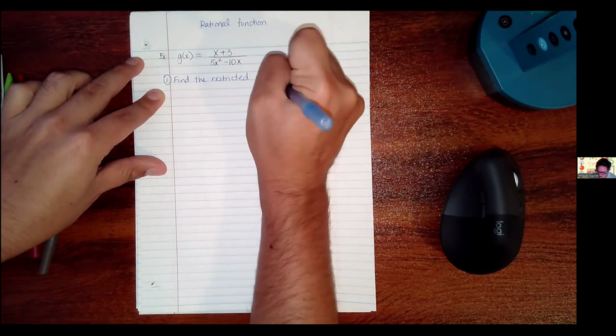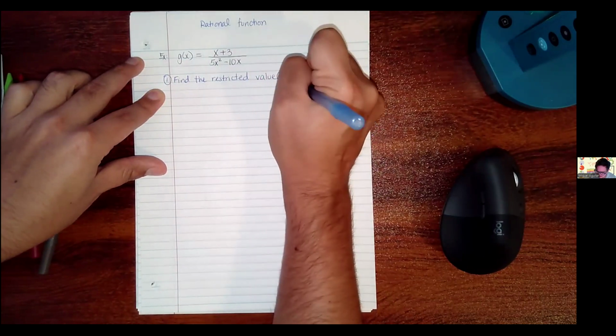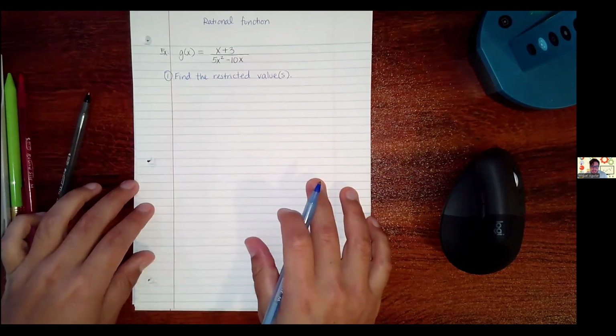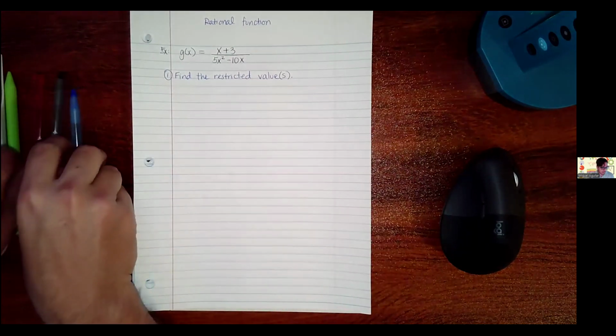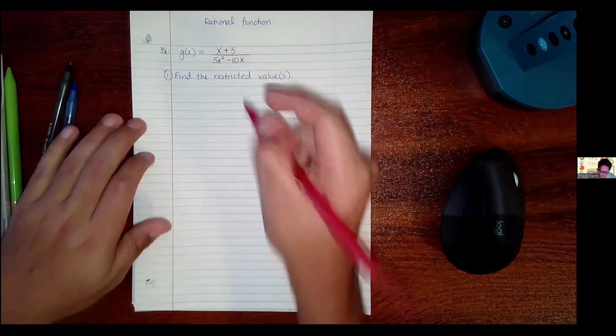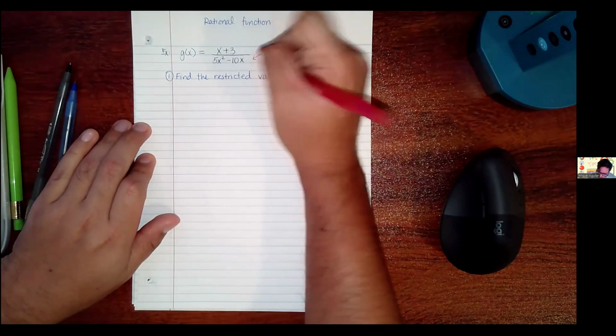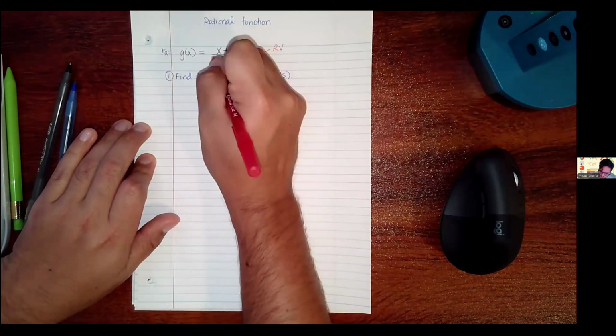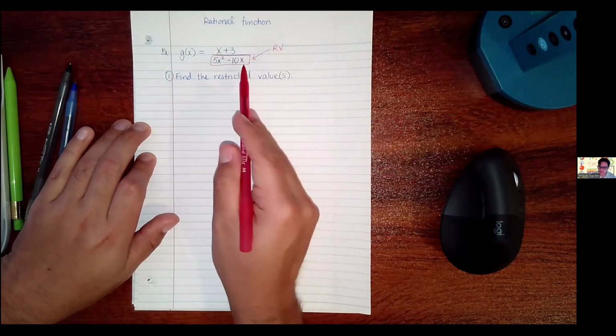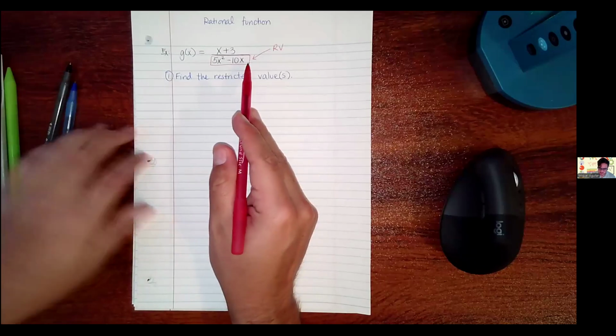And I say restricted values with an S because it really depends on the denominator. So like I said, we want to figure out the restricted values by taking the denominator only and setting that equal to 0.